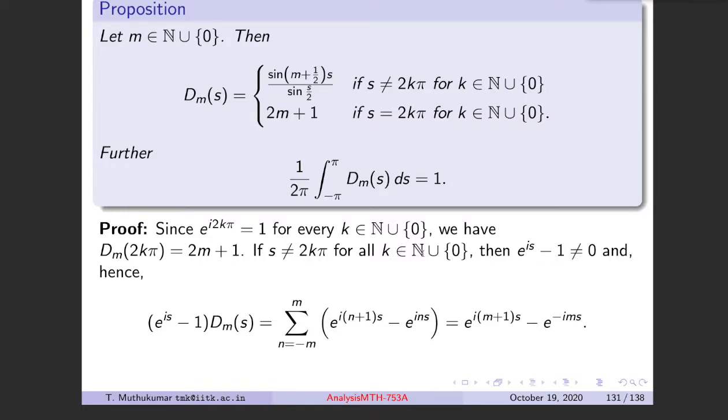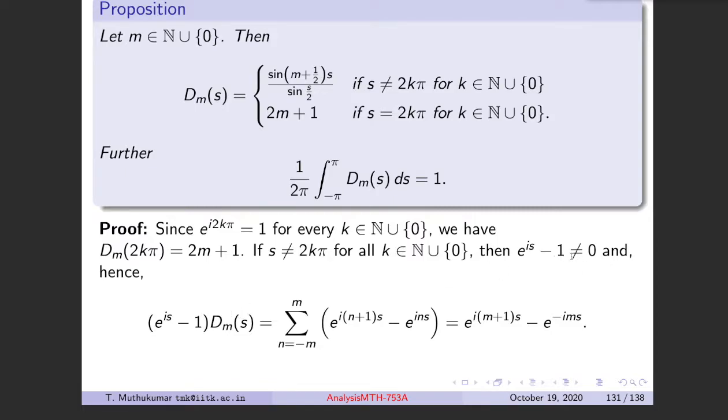There is nothing to do with minus pi to pi here. These 2k pi are precisely the points where this exponential becomes 1, so for any other s, it is never 1. So e^{is} minus 1 is always non-zero.